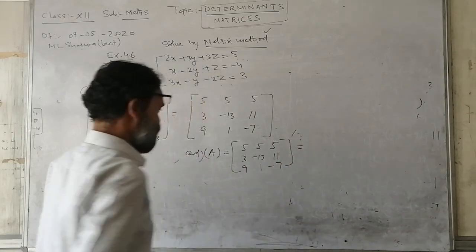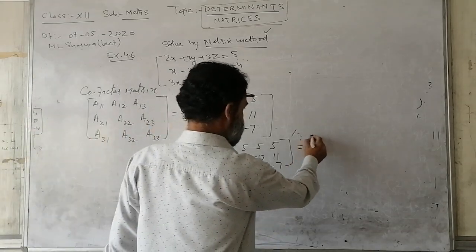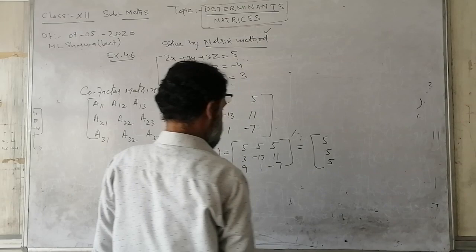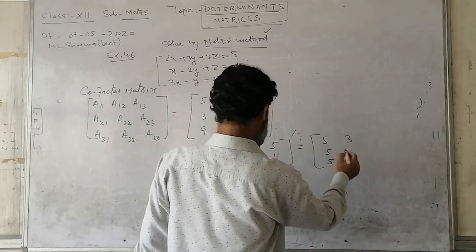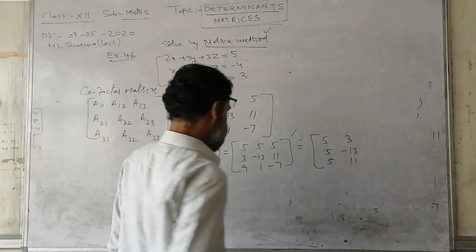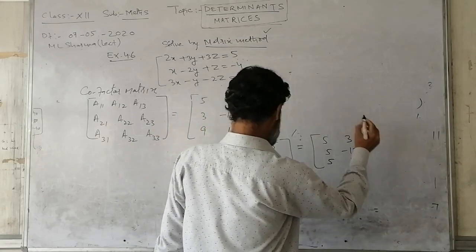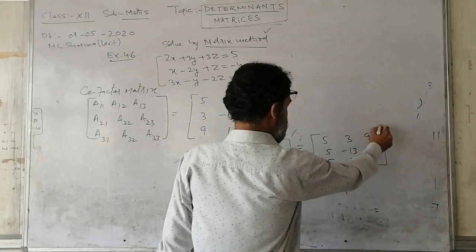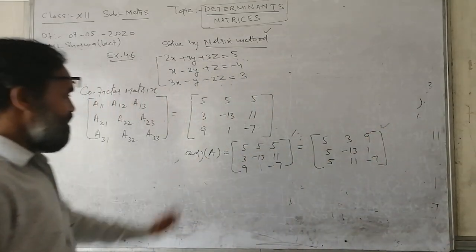Its transpose will be 5, 5, 5, 3, minus 13, 11, 9, 1, minus 7. So this is the value of adjoint A.